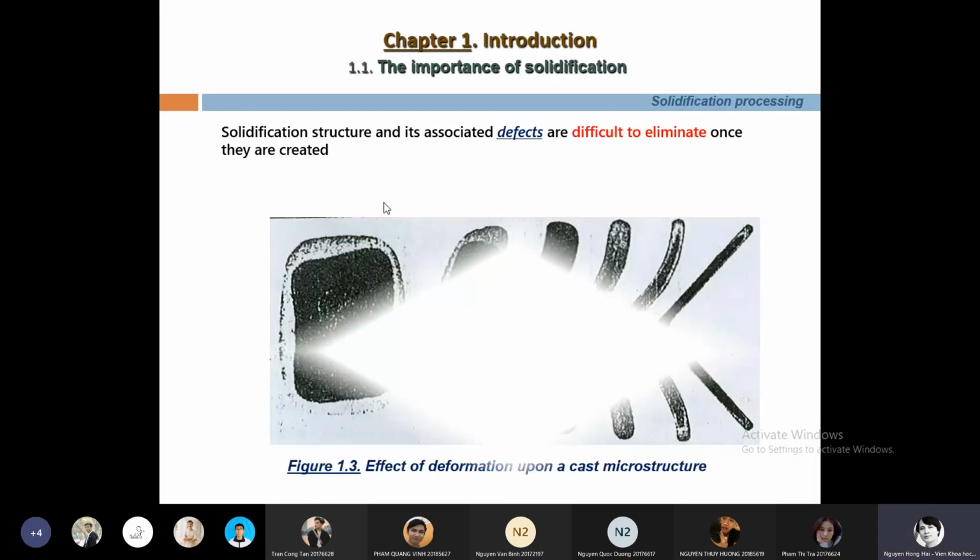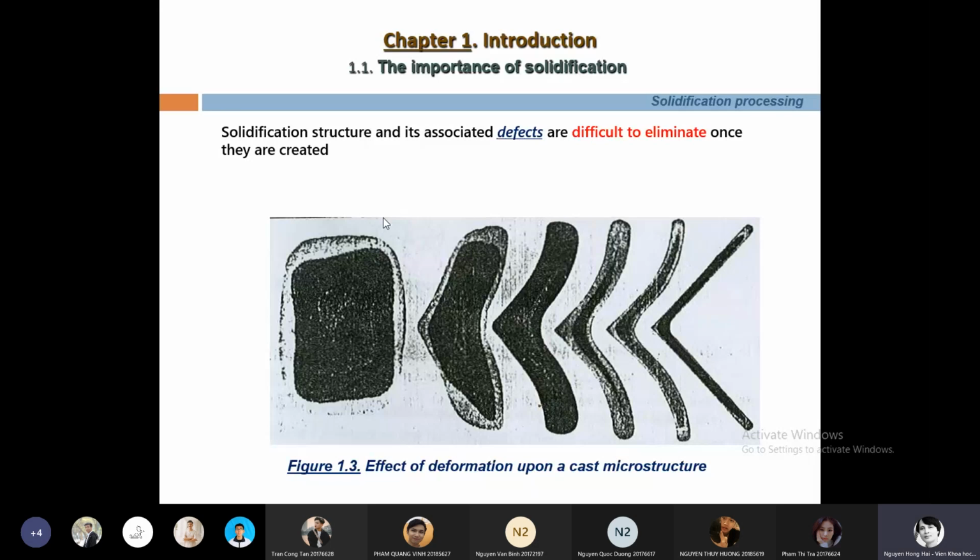You can see the example: we have the slab here. After casting, we have the surface segregation. In the inner part, we have the dark color, and in the outer part, we have the lighter color because of the segregation.